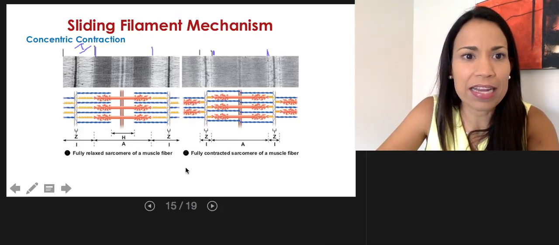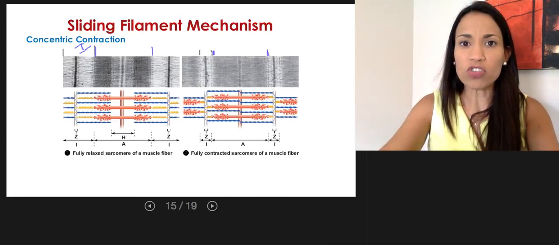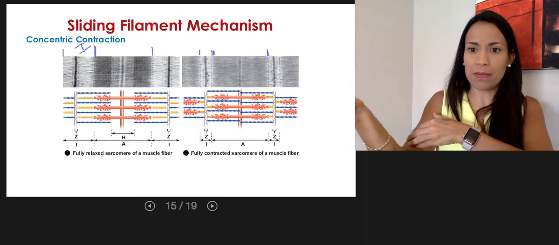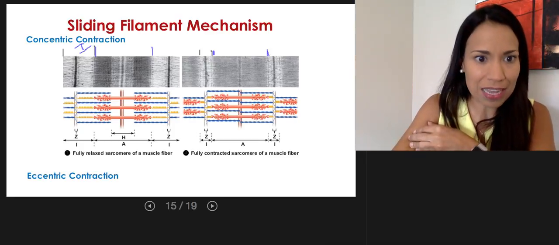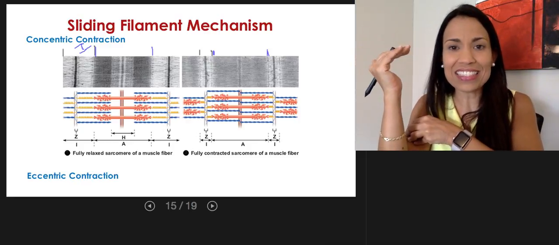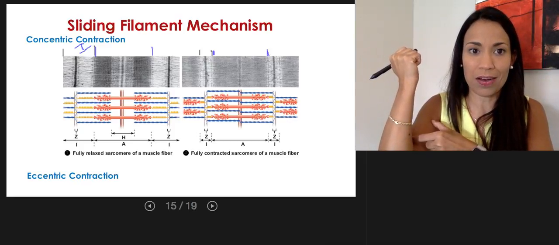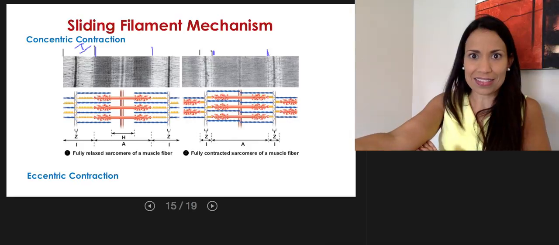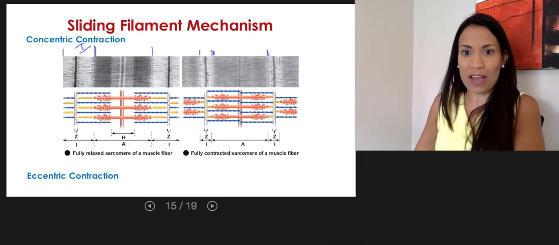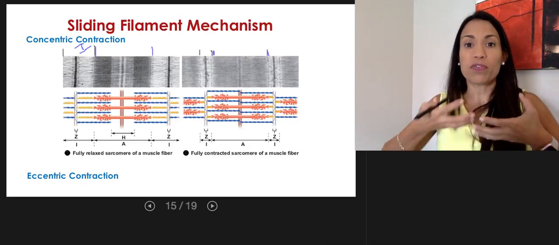This sliding filament mechanism explains concentric contraction. Concentric contraction is the one we're used to, when the muscle shortens when contracting. But there is another type of contraction, which is eccentric, out of ordinary. In eccentric contraction, the muscle doesn't shorten when contracting, but it lengthens. This contraction happens when we are performing a movement opposing the force of gravity.